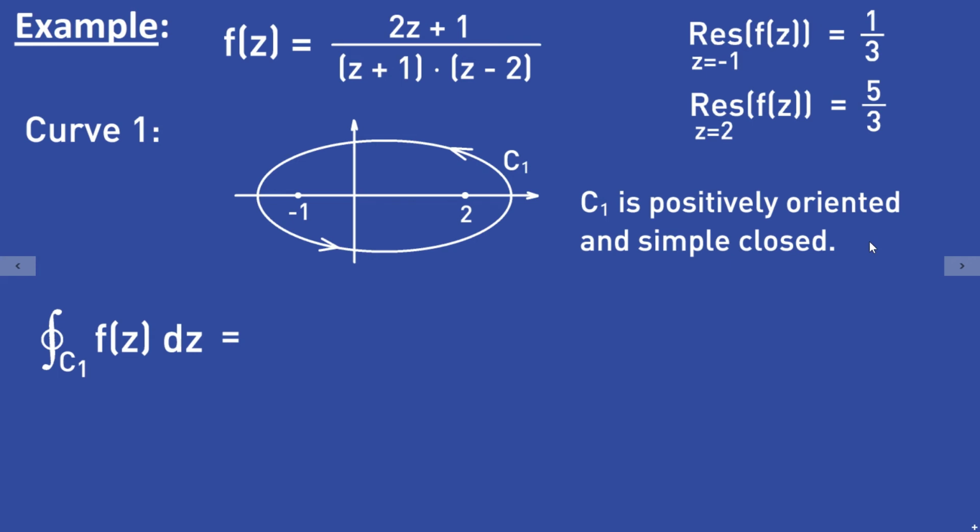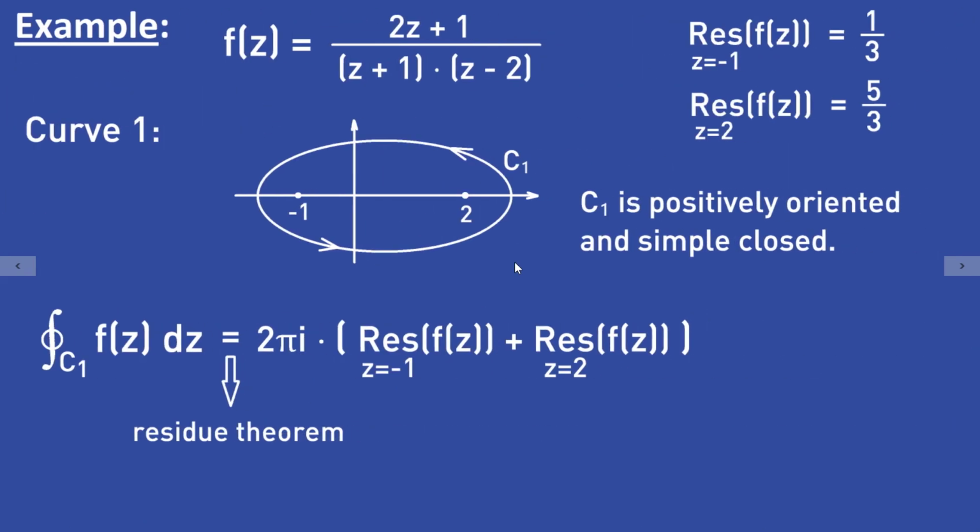There are two isolated singularities in the interior of the curve, the poles -1 and 2. So we can use the residue theorem to evaluate that integral.